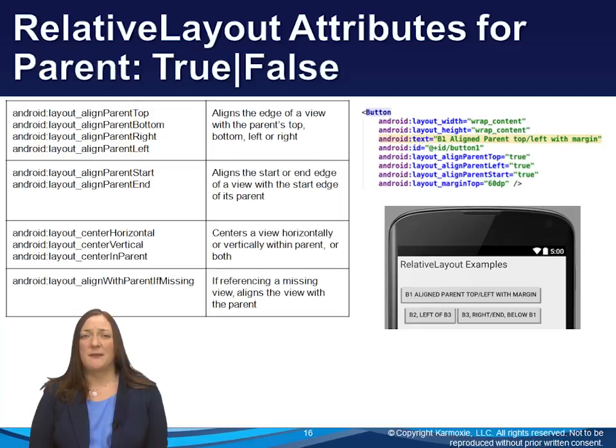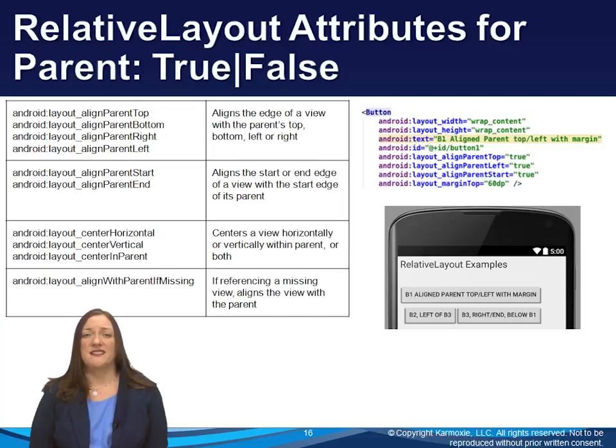We also have an align parent start and align parent end. And that might seem redundant at first if we already have a parent left or a parent right, but do remember that people can change their devices to have a right to left orientation, especially in other countries where that might be desired. So we have a parent start and a parent end if you want that to be flexible enough and change when we go from a left to right to a right to left orientation.